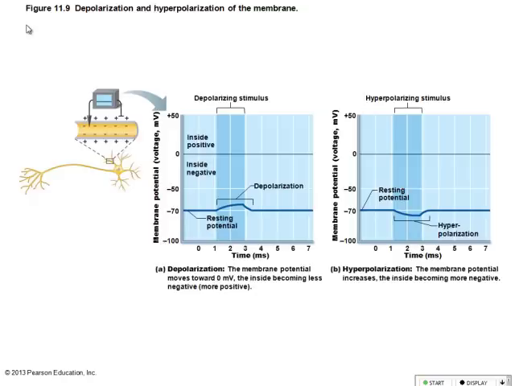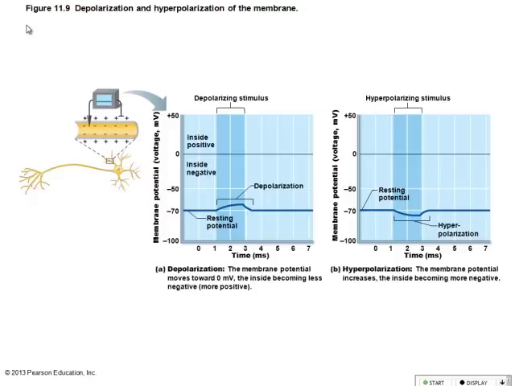But what we see during any resting time in a cell is it's not always going to stay at minus 70 millivolts, because those pumps are constantly pumping in and out, and some sodium and potassium is leaking in and some is leaking out. So we get a variation around that minus 70 millivolts at any given time. When the charge varies to more positive, which it's doing here, we call that depolarization.